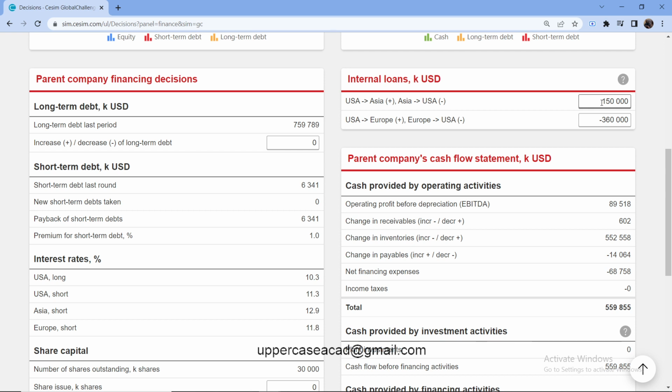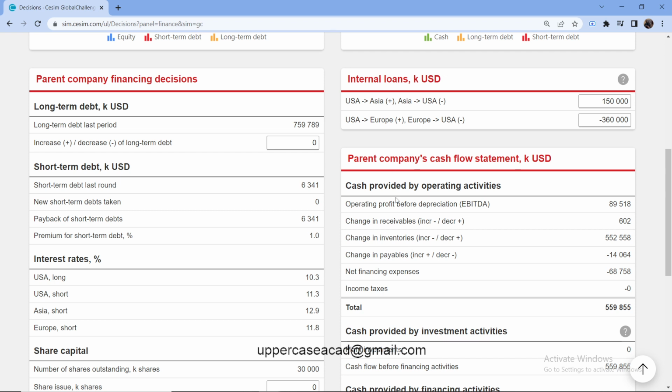If I want to move money from Asia to the United States, I'll put here a negative value. That's why you are seeing this sign: a negative sign here and a positive sign here. Then if I want to move money from USA to Europe as a loan, I'll put here a positive value. Since I put here a negative value, money was moving from Europe to Asia.